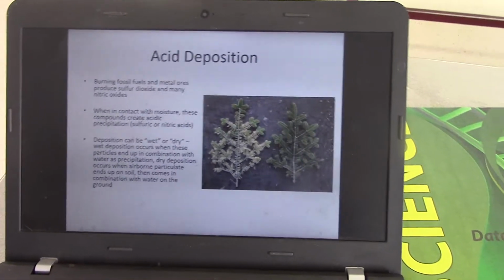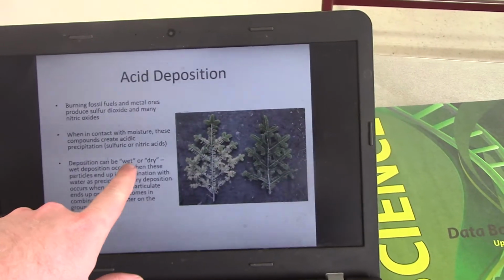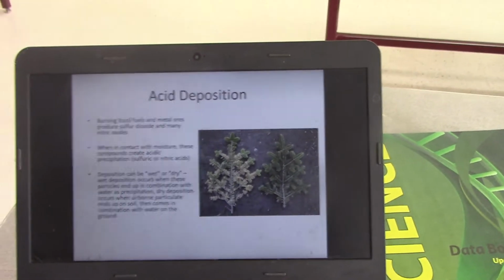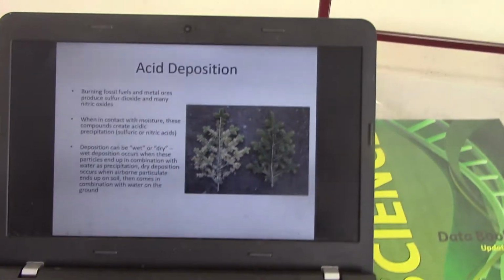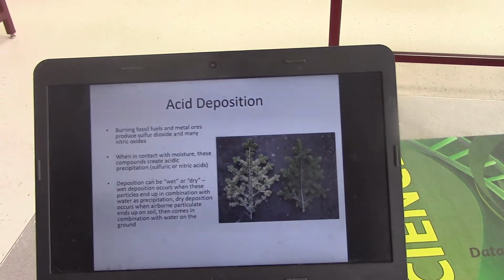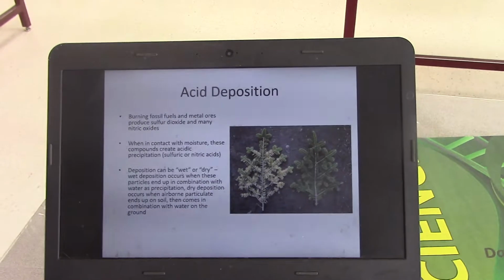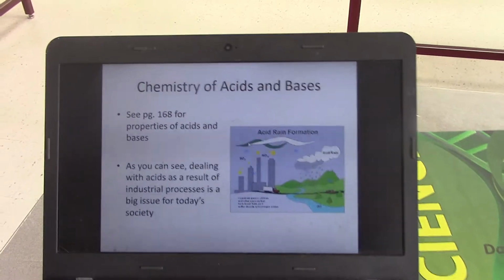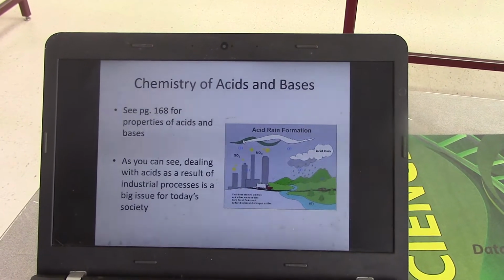Now, acid deposition can be wet or dry. If it's wet, it falls as precipitation. If it's dry, the oxides of sulfur and nitrogen are usually spewed from smokestacks and end up on the soil, and then when the rain falls, it makes acids on the ground. This section of the unit is about chemistry.